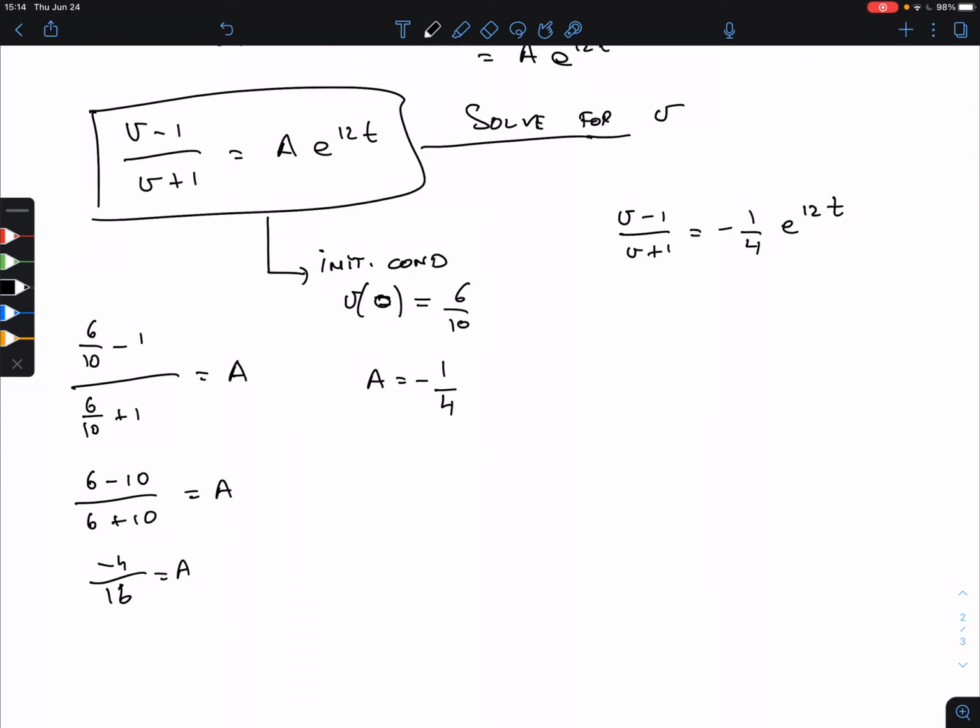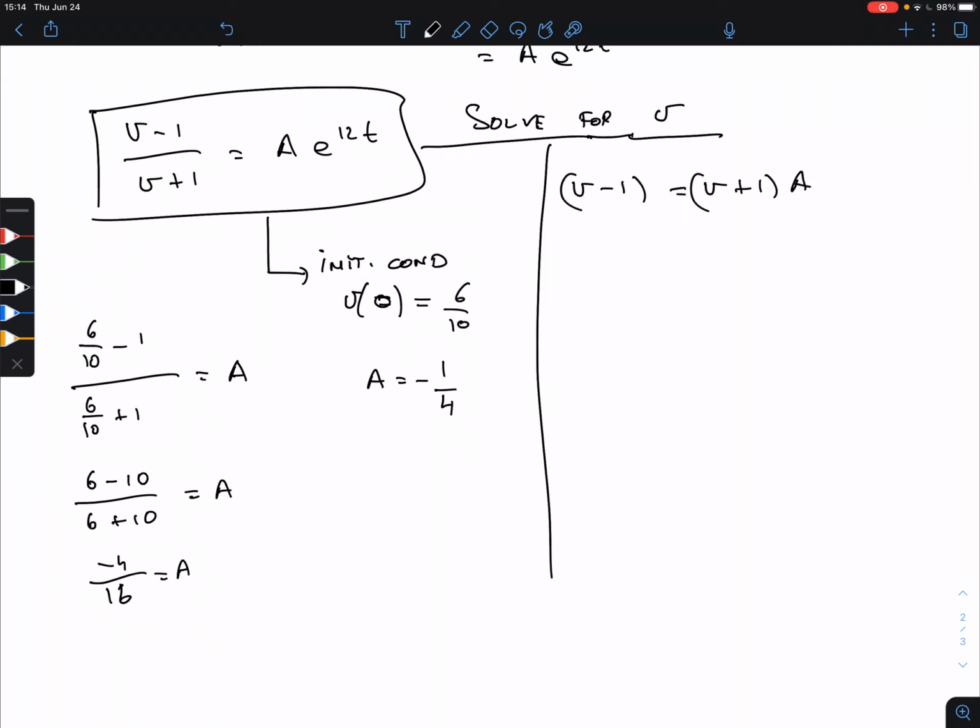Okay, so now we can solve for v, right? I calculated A, but perhaps it's better, this is just aesthetics or being neat, because it's a fraction with a negative sign, it's going to confuse me, so I'm going to use A again when I solve for v, the explicit equation. v minus 1 is v plus 1 times A times e to the 12t, and that is equal to v A e to the 12t plus A e to the 12t.